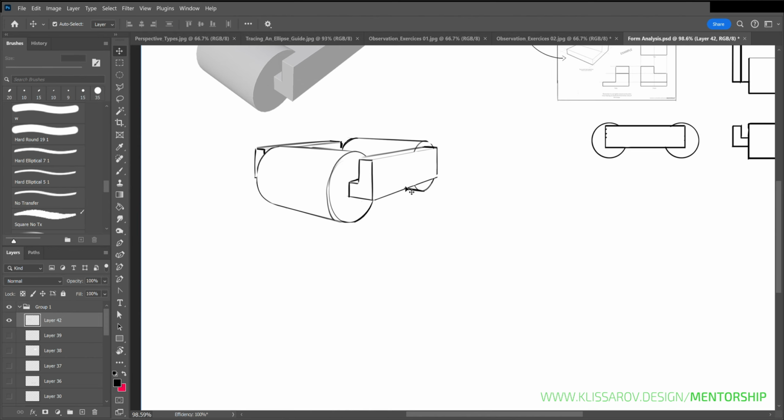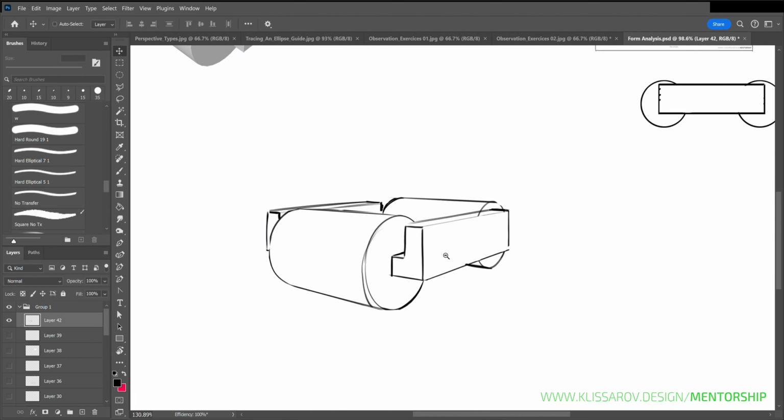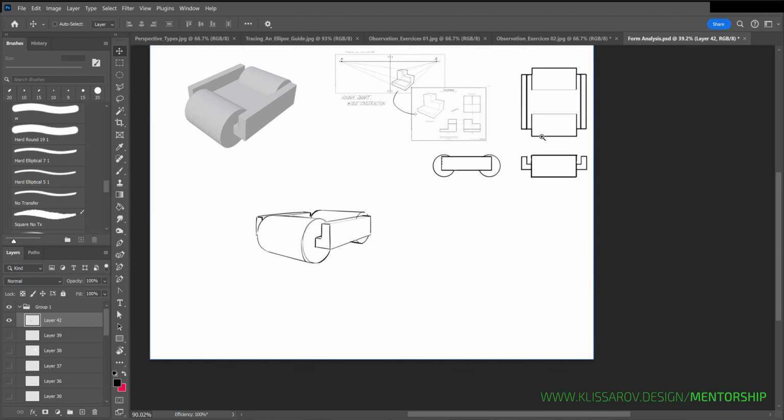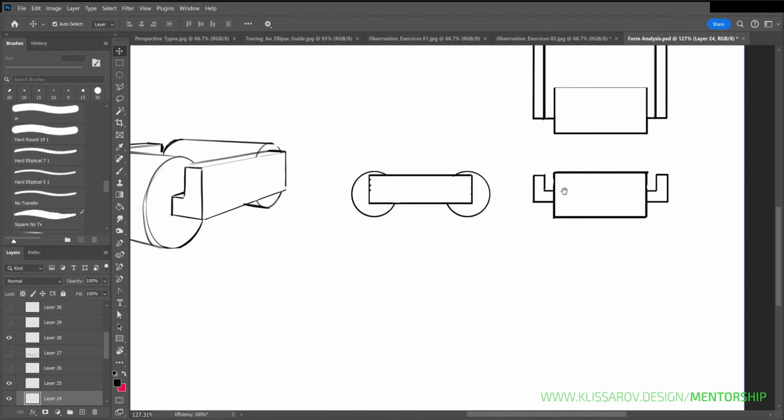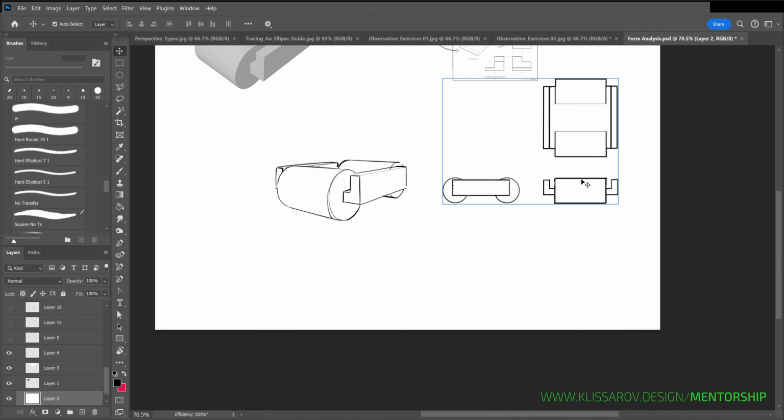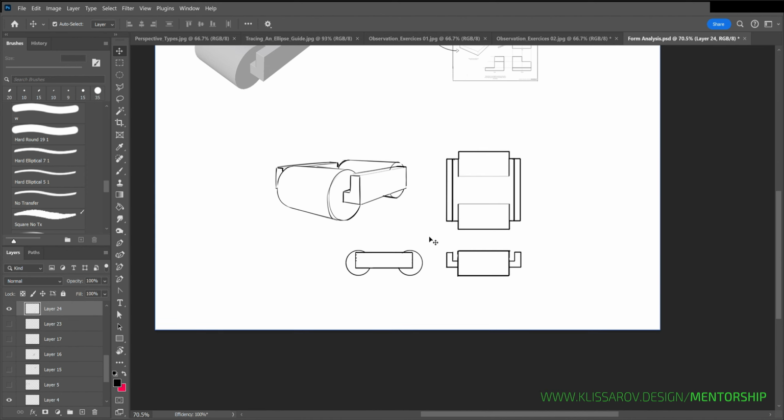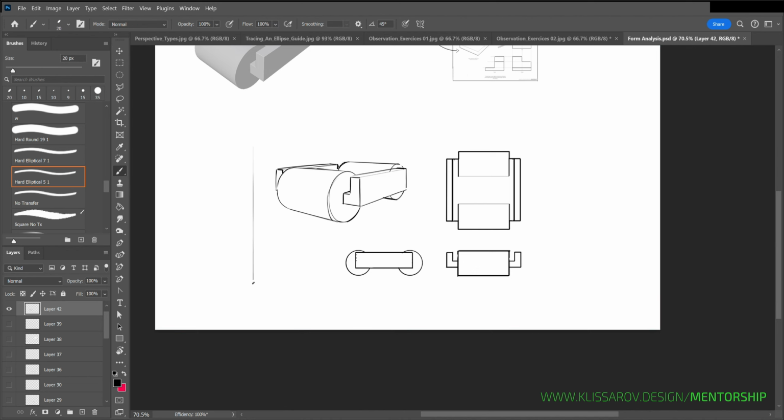We know that it's already proper. We know that these views are good as well. We position them properly on a piece of paper, different layers, and then we put a piece of paper on top of it.